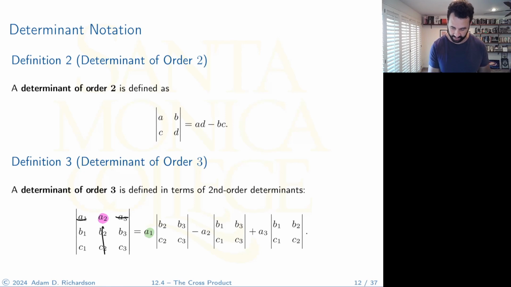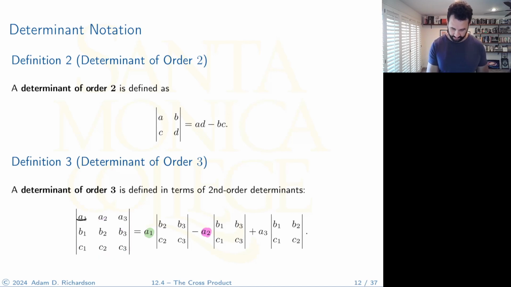And then what we're going to do is we're going to produce a determinant with the remaining entries right there. So you'll get A2 times a second order determinant B1, B3, C1, C3. And there it is. Like so. All right, that's the next term that you get, moving right across the row at the top.